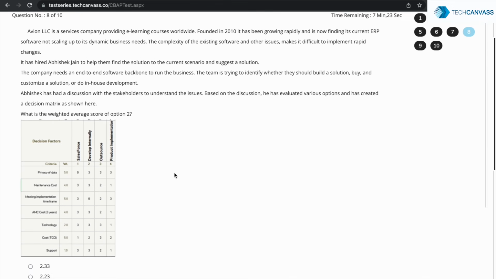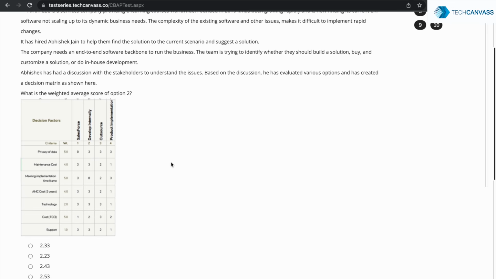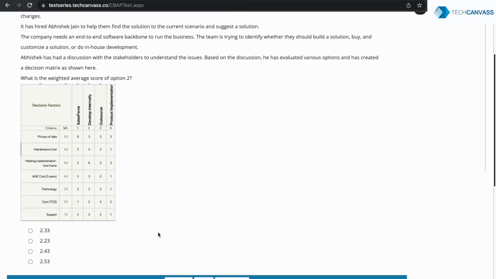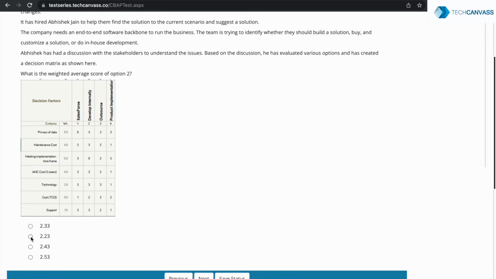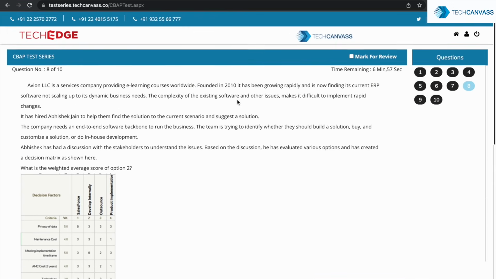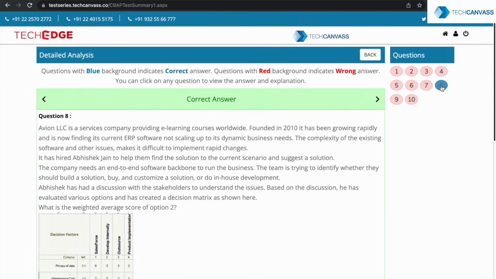And the question being asked is, what is the weighted average score for option 2? If they go with this option of developing something internally, what will be the weighted average score? So here applicants have to find that answer. Yes, it will require some basic calculations, looking at these numbers and coming to the answer. So let's understand what the correct answer is for this question.